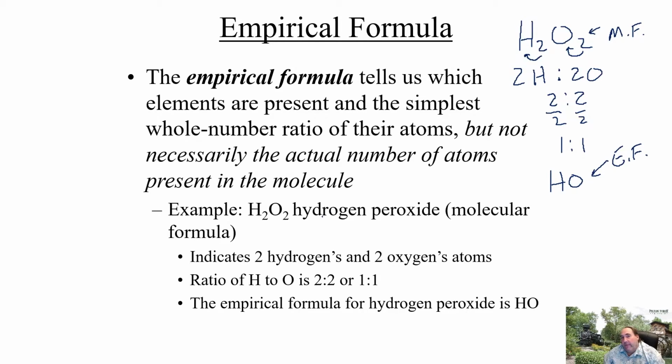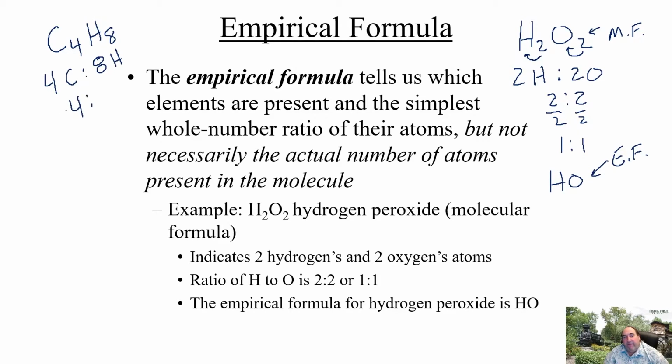So an empirical formula will tell you, not necessarily in all cases, how many atoms are present in a particular molecule, but it will tell you the simplest ratio of who is present. So for example, if I had a C4H8, that is basically 4 carbons for every 8 hydrogens.